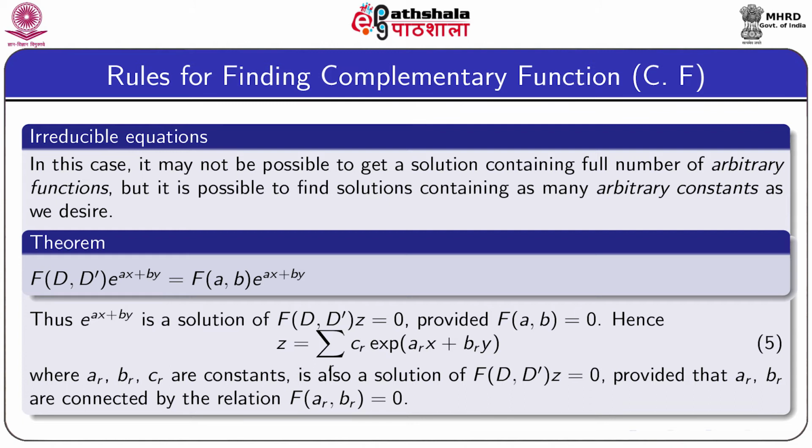So, their linear combination, that means the sum of cr exponential of (ar x plus br y), is the solution of the given equation F z equals 0, where ar, br, cr are arbitrary constants and ar, br satisfy the equation F(ar, br) equals 0.